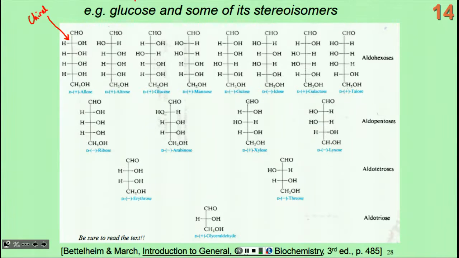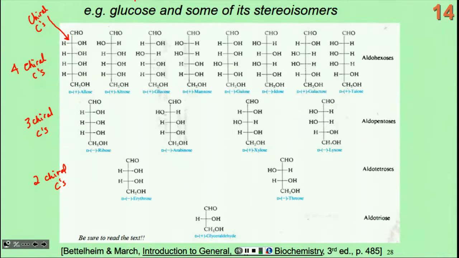So all of the chiral carbons are represented by an intersection of crossed lines. There are 4 chiral carbons on those molecules, 3 chiral carbons on the middle row, and 2 chiral carbons over there, again erythrose and threose. And glyceraldehyde is the last one, which only has 1 chiral carbon.